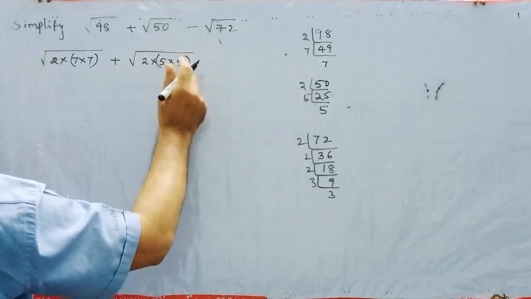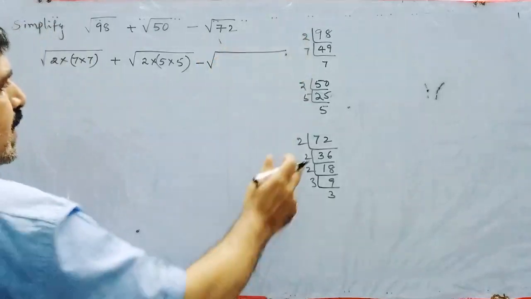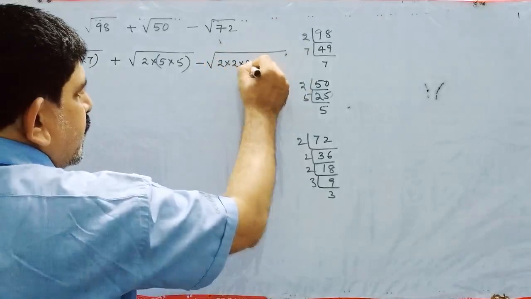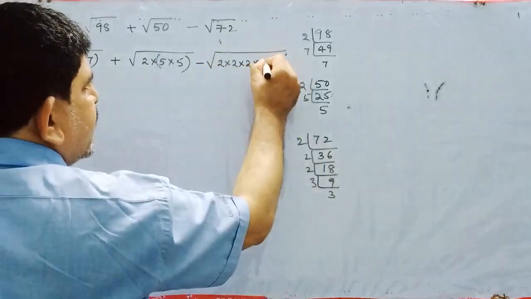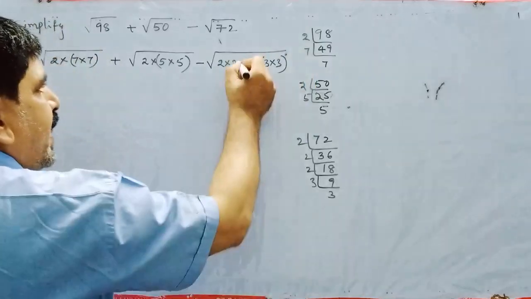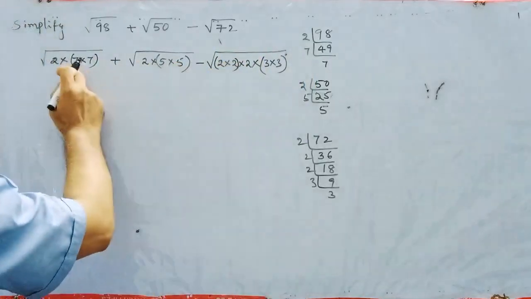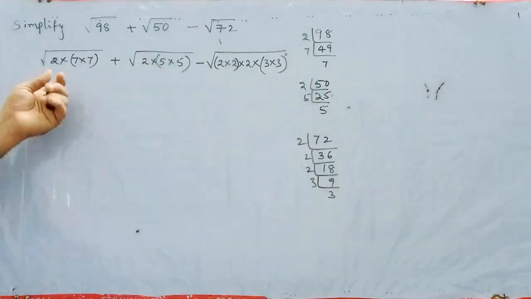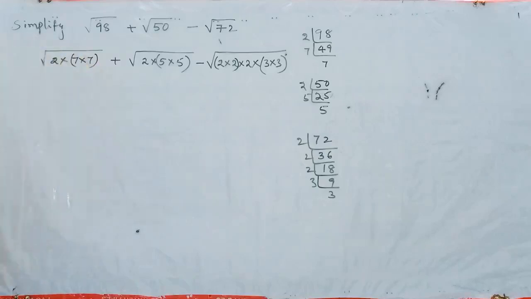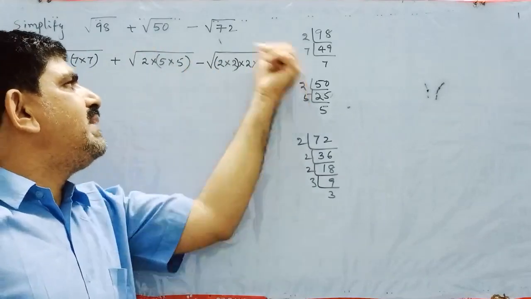Here 5 into 5 is one pair, minus root of 2 into 2 into 2 into 3 into 3. Here 3 into 3 is one pair, 2 into 2 is another pair. Here 5 into 5 one pair and 7 into 7 one pair. So to find the square root we have to take one 7 outside, one 5 outside, one 2 outside and one 3 outside.